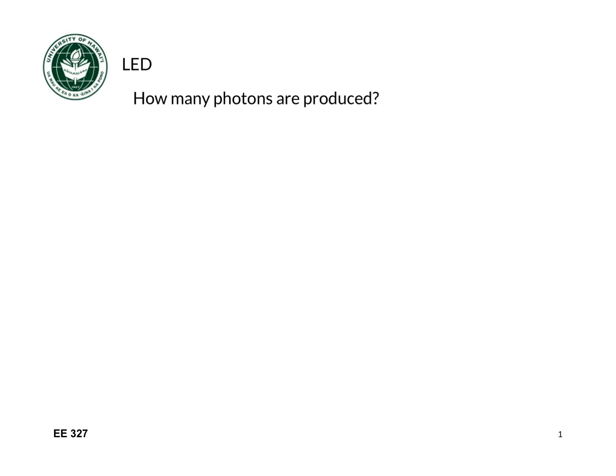So it's not a simple answer. The amount of photons that are produced is going to depend on the semiconductor or the material. It's going to depend on the doping level of the semiconductor, and it's also going to depend on how much current you have in the semiconductor.